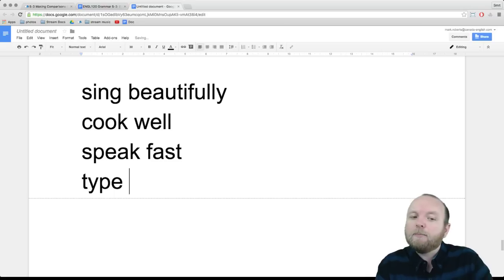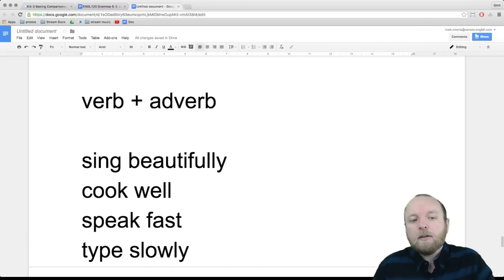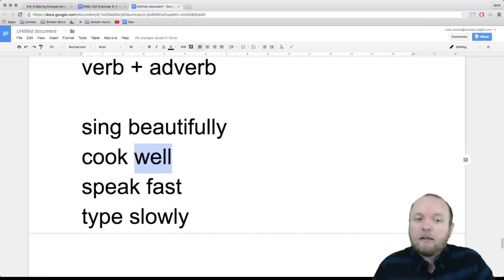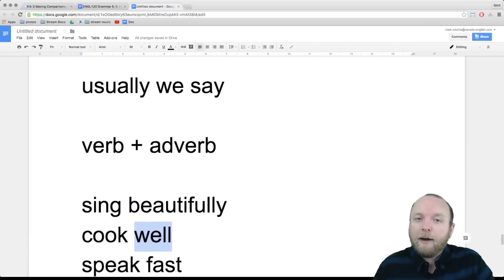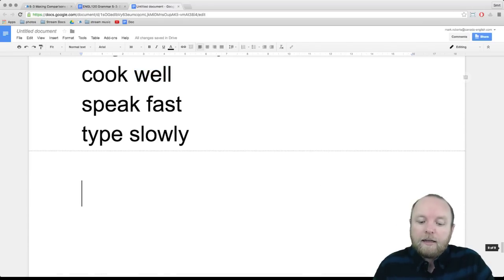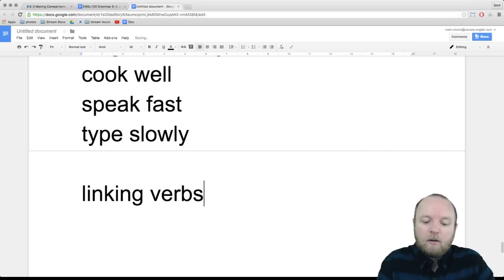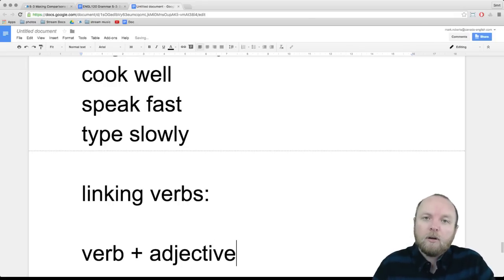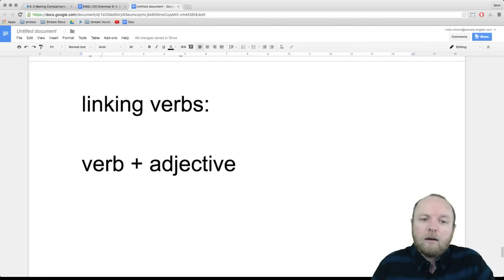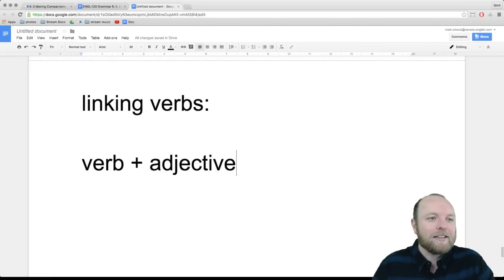Maybe somebody types slowly, right? So usually we say verb, adverb, okay? Linking verbs are special. Linking verbs, verb plus adjective, okay? All right, let's continue.